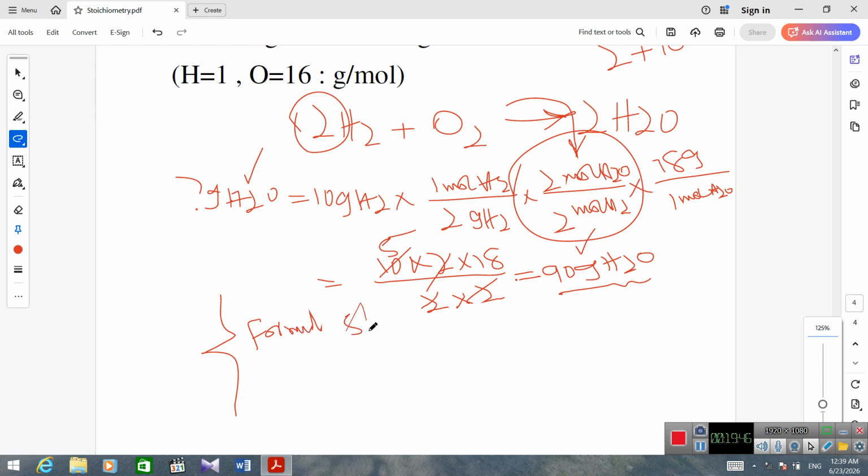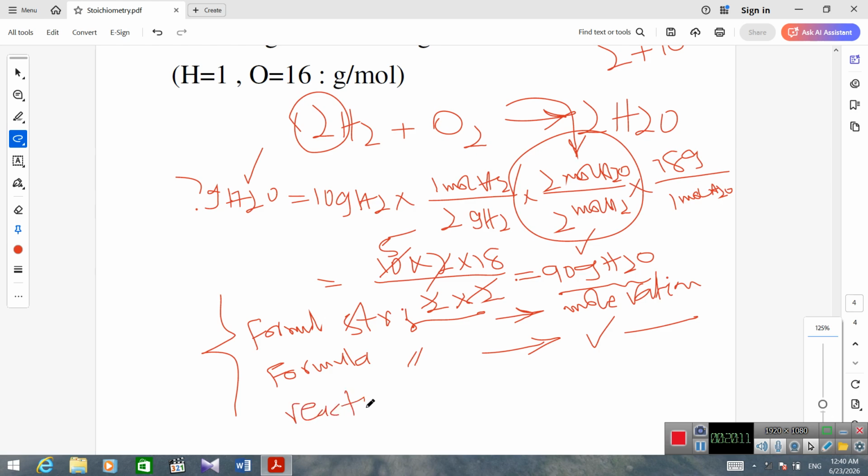Formula stoichiometry maybe doesn't need the mole ratio, but there are some other formula stoichiometry problems where we need the mole ratio, and reaction stoichiometry, where we must use the mole ratio.